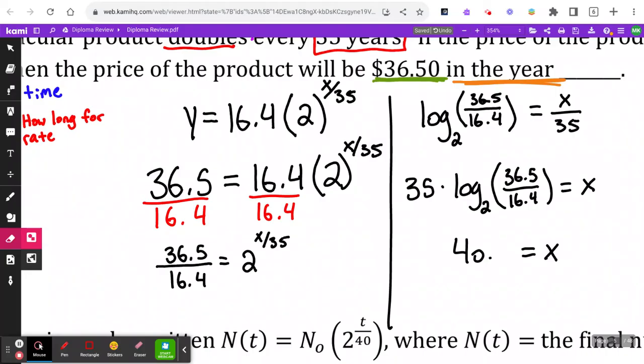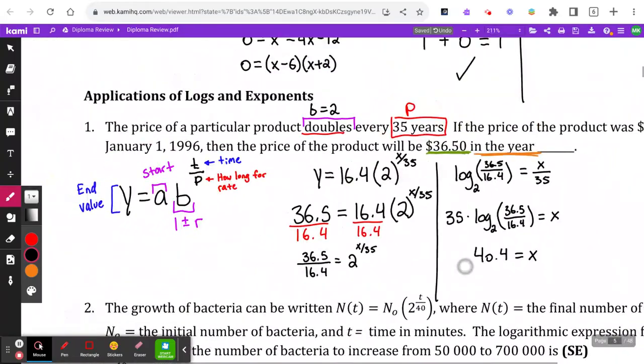You get around year 41, so like 41 years on top of 1996. That means it's been 40 years since 1996. That's the number of years. If you want to figure out what year you're in, you'd go 1996 plus 40.4.